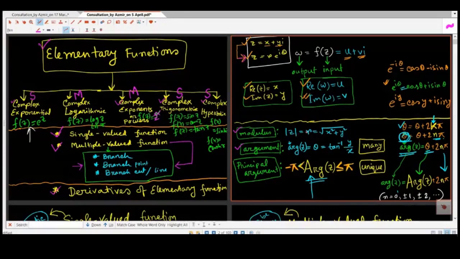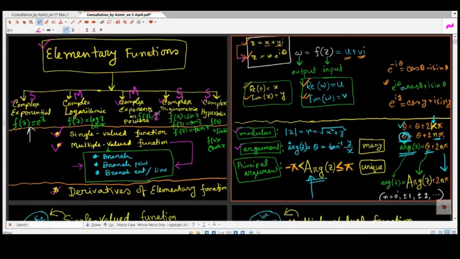So we know that r equals square root of x squared plus y squared, which is also written as modulus of z, and the argument theta equals tan inverse y over x.